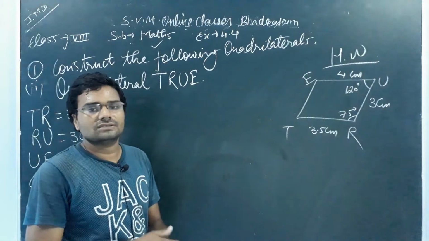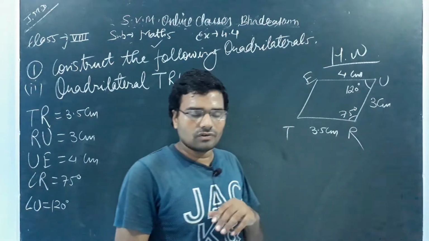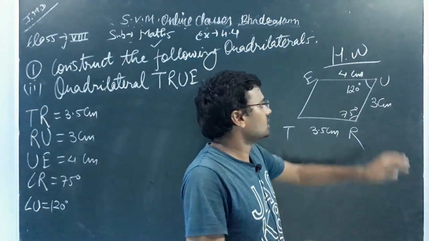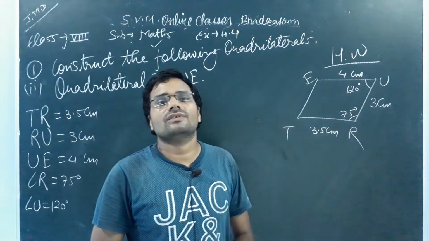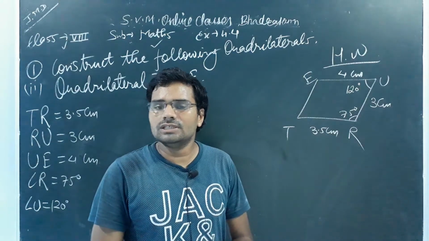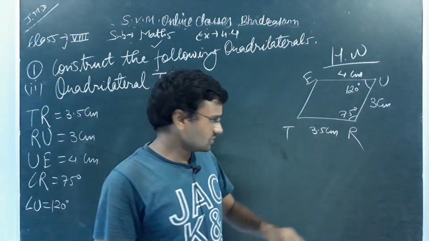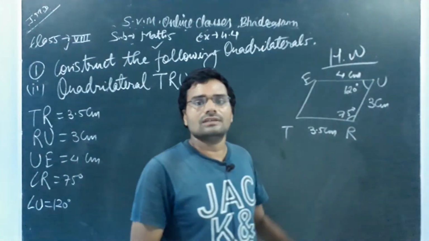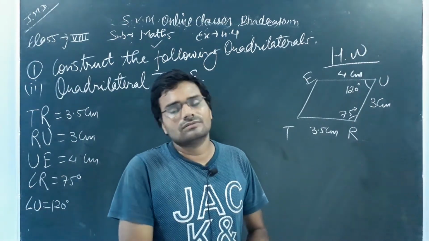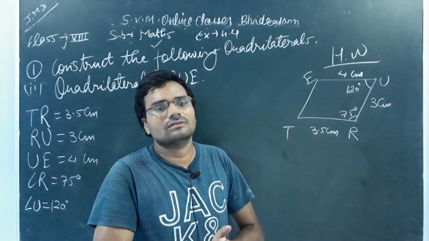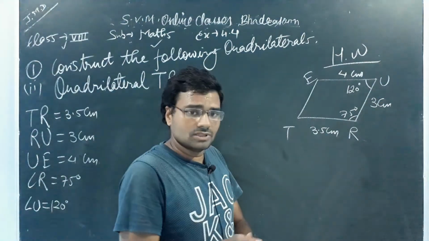Now for your convenience, I will first draw this side RU, because angle R and U both are given. This is a fundamental rule for drawing any construction, like a triangle, quadrilateral, pentagon, hexagon, any type of figure which is required to be drawn.